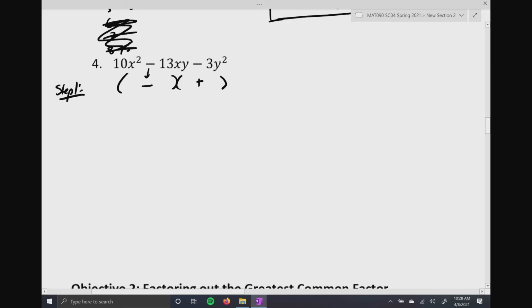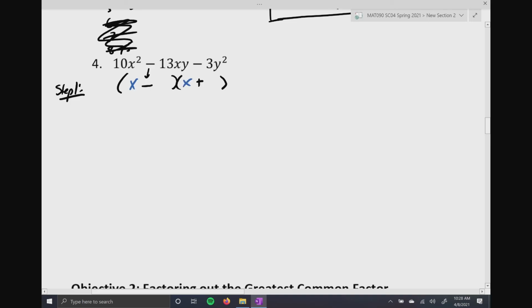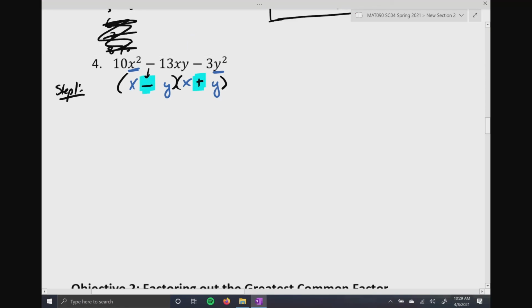If I wanted to, I can put an X and an X, and I can also now put a Y and a Y because there's the X squared, here's the Y squared. If you want to put them there, that's fine. I'm not, because the only thing I care about out of step 1, to be honest with you, are those signs.